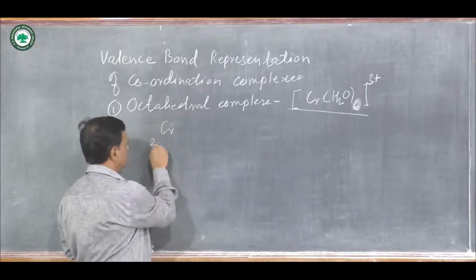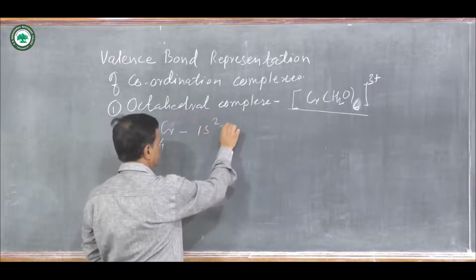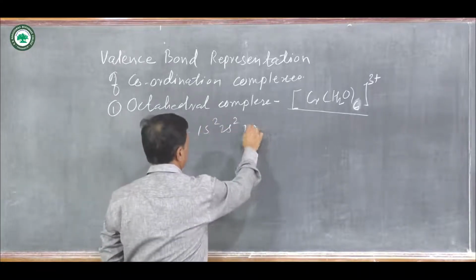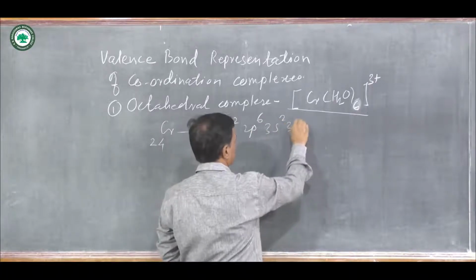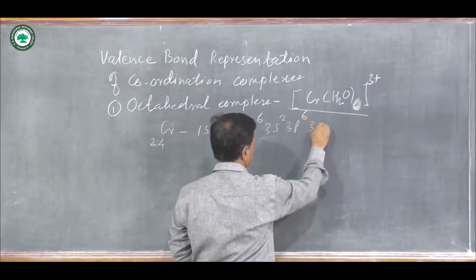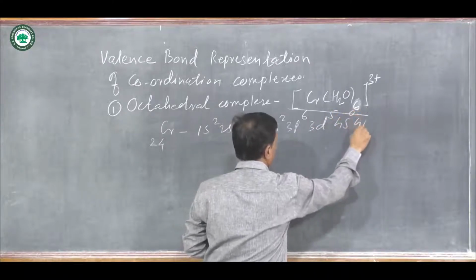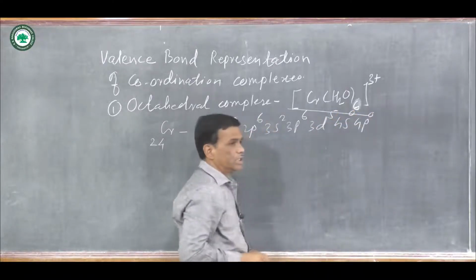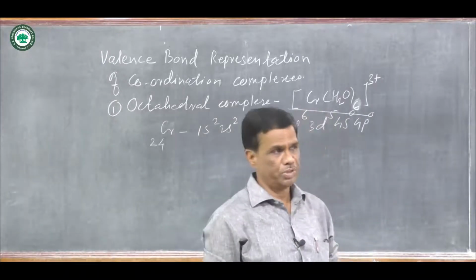Chromium has atomic number 24 and ground state electronic configuration 1s2, 2s2, 2p6, 3s2, 3p6, 3d5, 4s0 and 4p0.